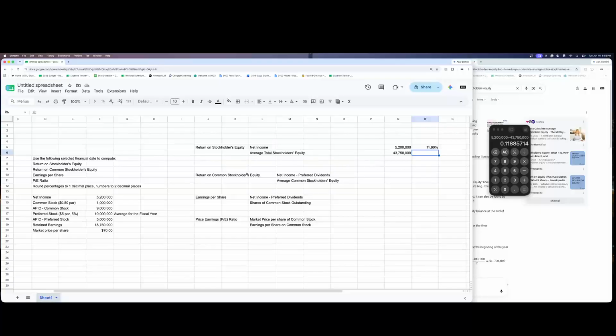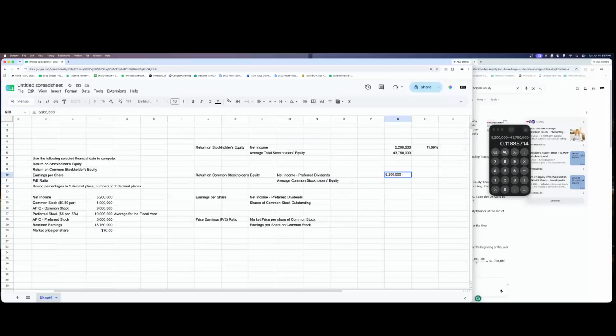So return on common stockholder equity, okay, common shareholder. To find this ratio, we're going to have to get net income, which is 5,200,000 minus preferred dividends. Return on common stockholder equity.